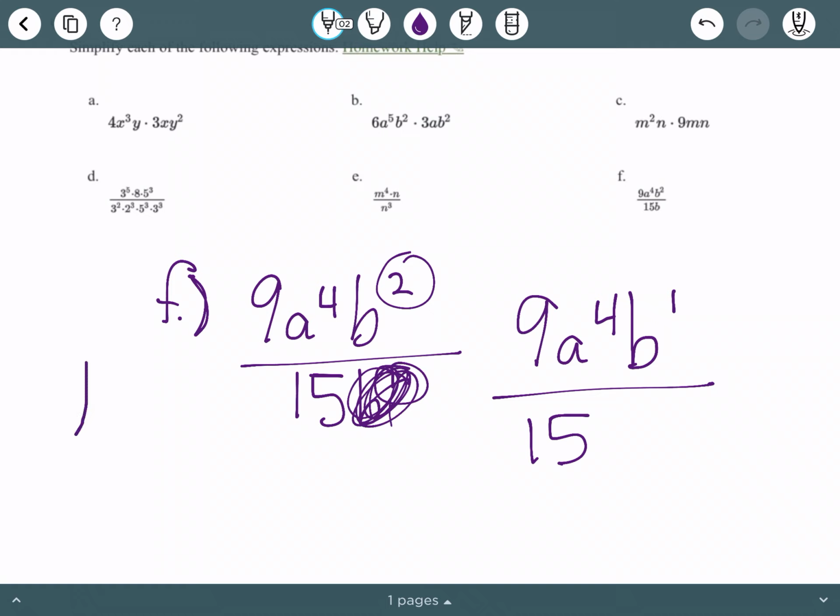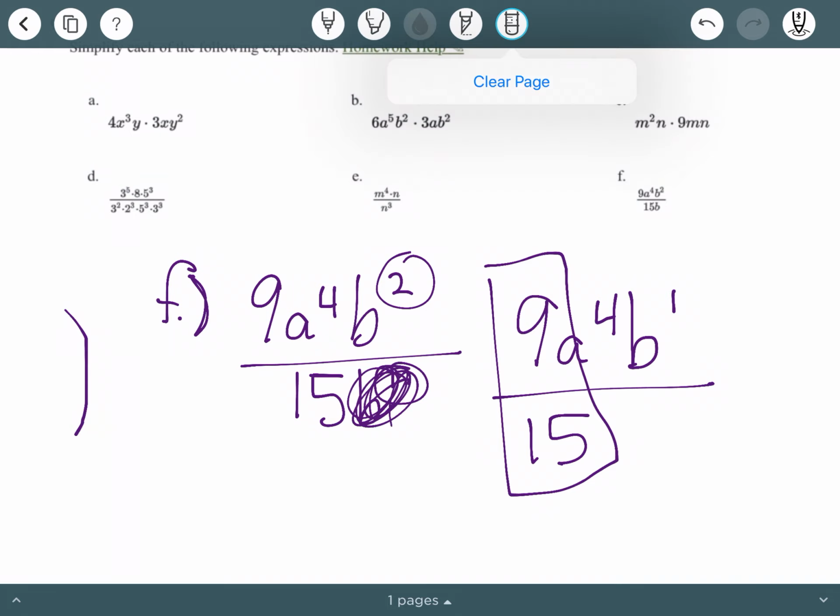And now what we can do is just simplify. Let's pretend like we're just looking at this 9/15. We can simplify that down to 3/5, right? Because if we divide 9 by 3, we get 3. If we divide 15 by 3, we get 5.